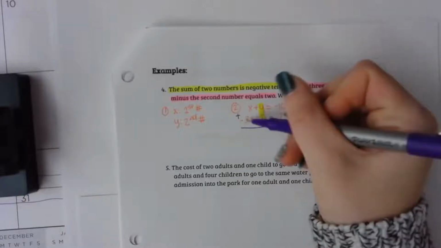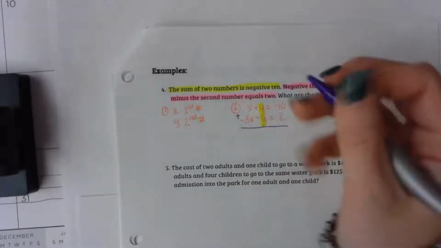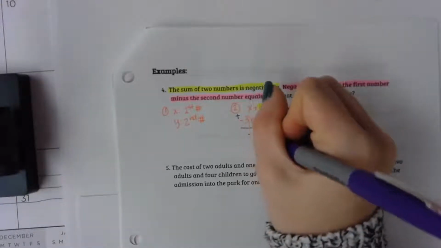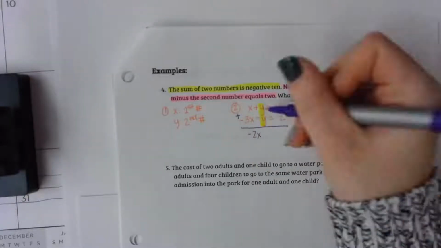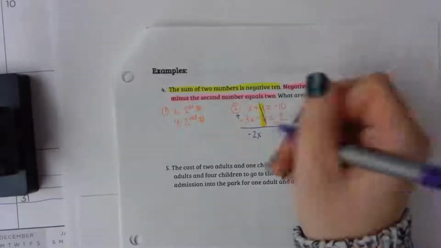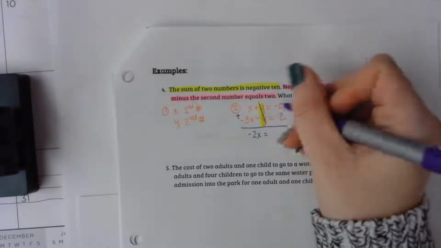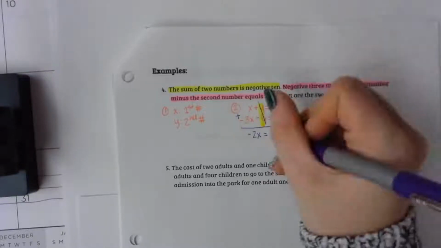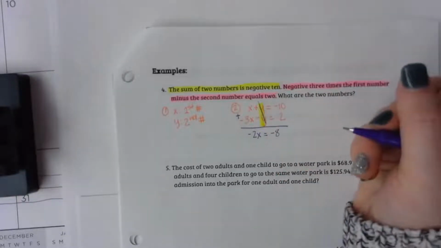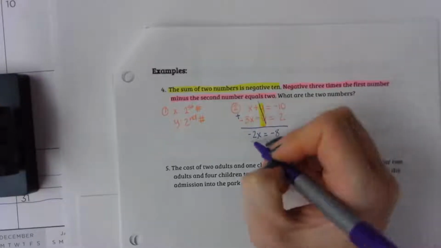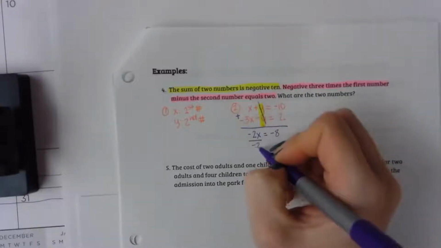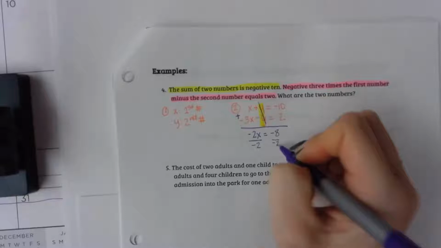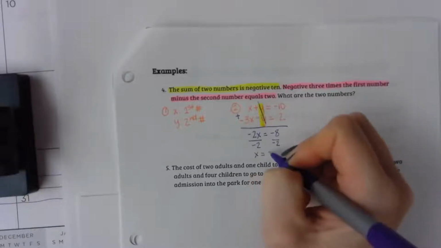So x plus negative 3x is negative 2x. My y's are going to cancel. And then negative 10 plus 2 is negative 8. Then I'm going to divide by my negative 2. So x equals 4.